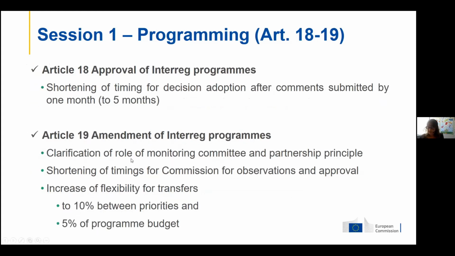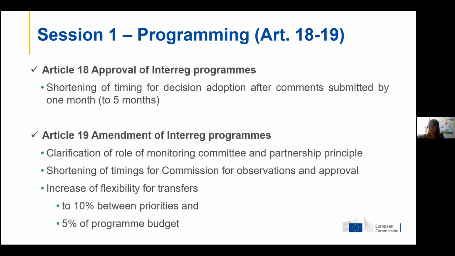So under Article 18, on the approval of Interreg programs, in the negotiations on the regulations the only main change that was introduced was that the timing for the Commission to adopt programs was shortened.